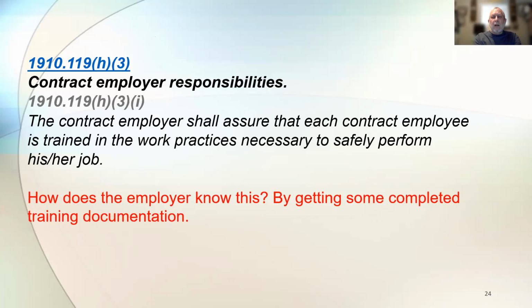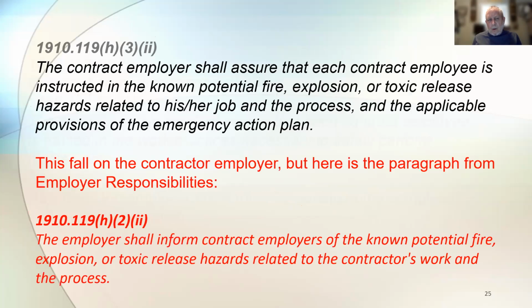Well, we asked for training documentation, some samples of it, of at least 3 employees to show they were doing it. The contract employer shall assure that each contract employee is instructed in the known potential fire, explosion, or toxic release hazards related to his or her job and process and the applicable provisions of the emergency action plan.